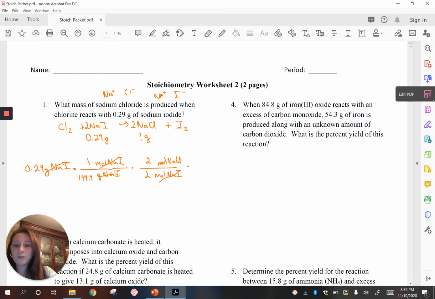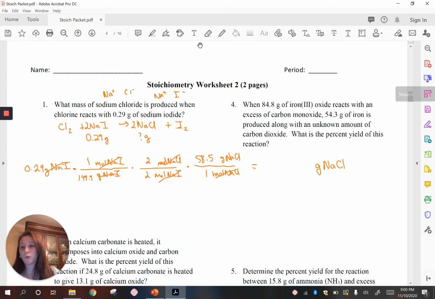So the last step is to go from moles of NaCl, which goes on the bottom, to cancel, to the grams of the NaCl. And you do that using the molar mass. 1 goes with the moles, and next to the grams you add up a sodium and a chlorine. That ends up being 58.5 grams per mole. Your moles of NaCl cancel, and you end up with grams of NaCl.